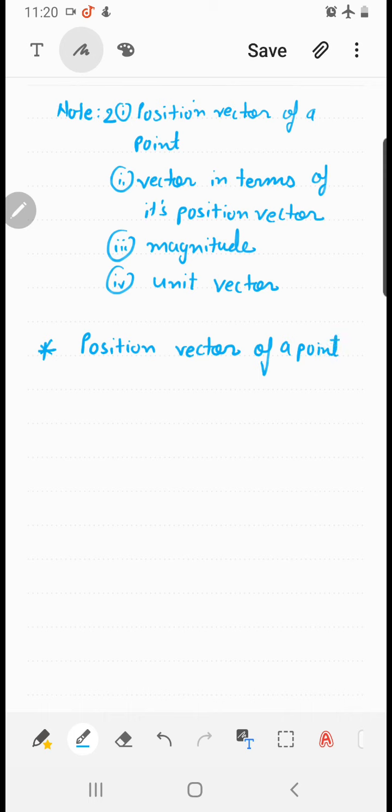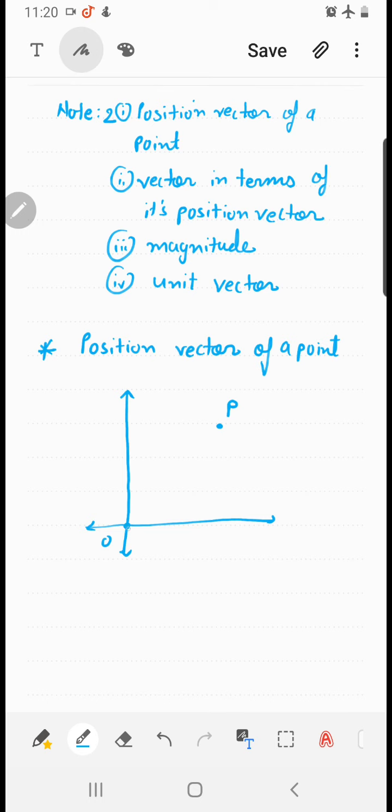In vector, we know the definition that it is a directed line segment. So, to define a point in vector, what do we need to do? All of you must know that to define any point on a coordinate geometry, we require an origin. So, can I say the position of point P is defined with respect to origin?